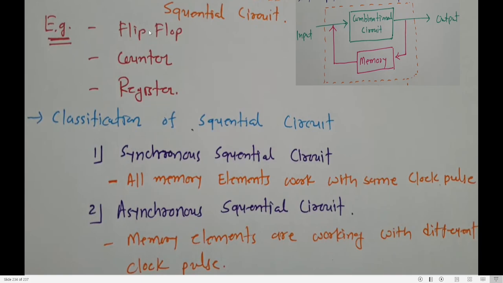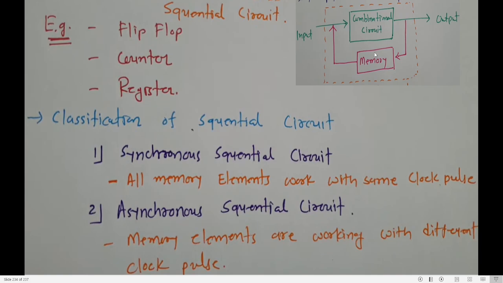Okay. Now, what are the different examples of sequential circuits? Counters and registers are examples of sequential circuits. Before getting into it, let us see the classification of sequential circuits. Sequential circuits are classified into two types. One is the synchronous sequential circuit, the other one is the asynchronous sequential circuit. What is a synchronous sequential circuit?